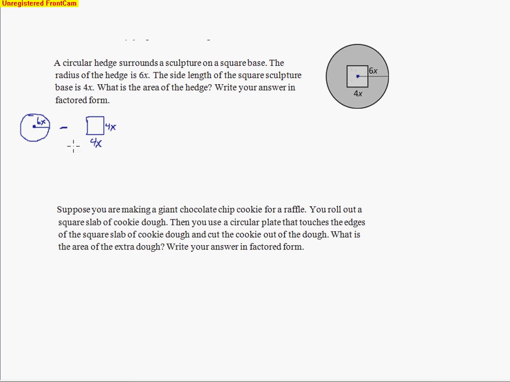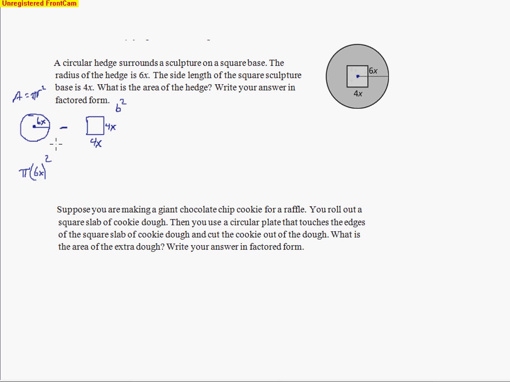So when I remember the formula for the area of a circle, it's pi r squared. Area for the square is just going to be base times height, or just base squared. And I can go ahead and find out what the areas are. So area here is pi, and then in place of r, I'm going to put 6x. Now make sure you put that in parentheses since it is the radius, and we are squaring it.